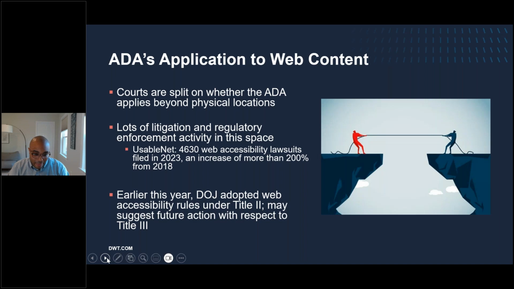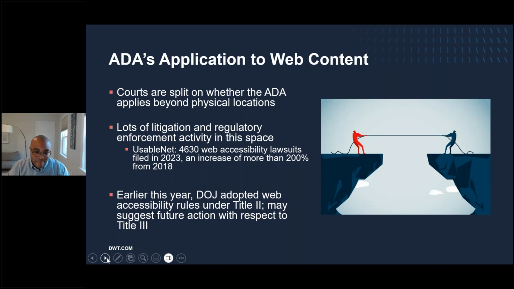And then a third philosophy that's arisen is the Goldilocks approach, which says that you have to have a nexus or connection between a physical place that's covered by the ADA and an online service. That's, for example, the law of the land in the Ninth Circuit, which is a federal court of appeals that covers, among other things, California, Washington State, and Oregon.